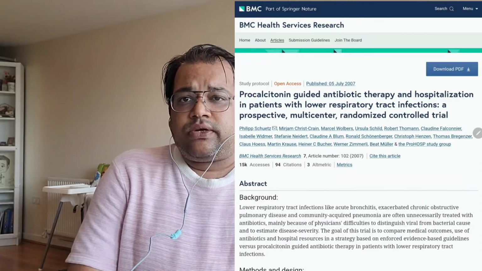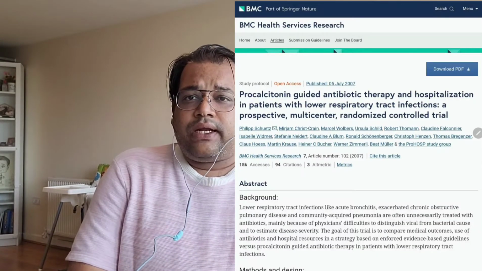You need to be aware of the ProHOSP study, where they did an analysis of lower respiratory tract infection, which included various infections like community acquired pneumonia, COPD exacerbation, and chronic bronchitis, and they found that when procalcitonin was used as a tool to stop antibiotics, they could stop antibiotics 2.5 days earlier compared with the clinical or conventional method.